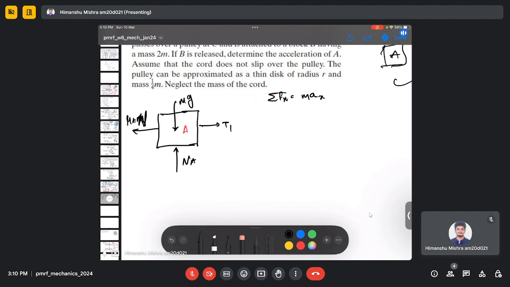So in the horizontal direction, we have T minus mu k N equals ma.